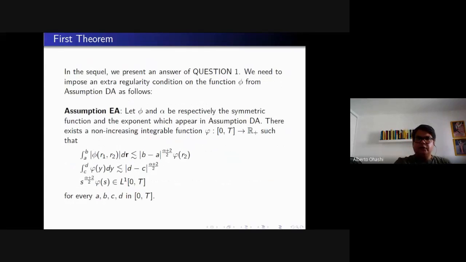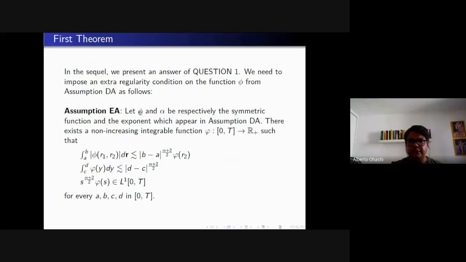Okay, so in order to address question 1 more precisely, remember that our second order derivative, the covariance structure, has to be dominated by two functions.